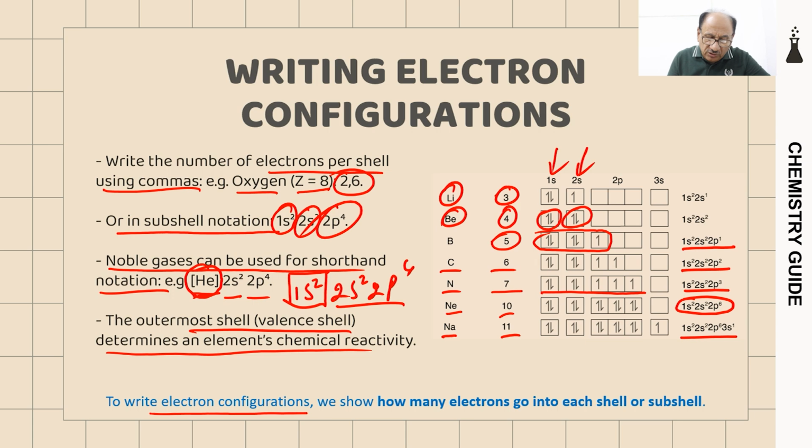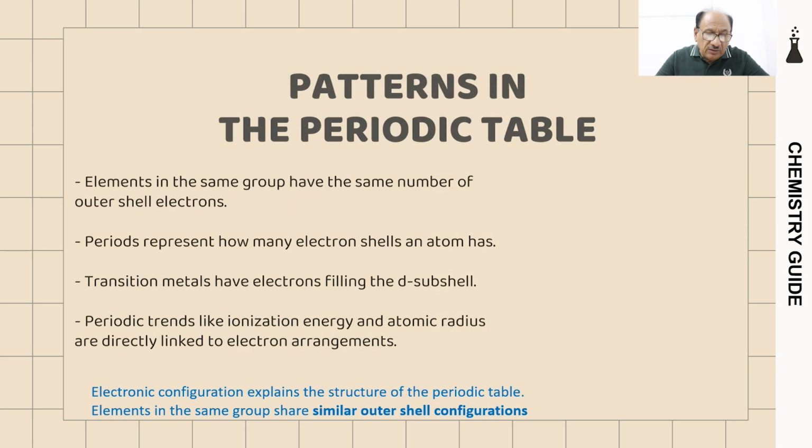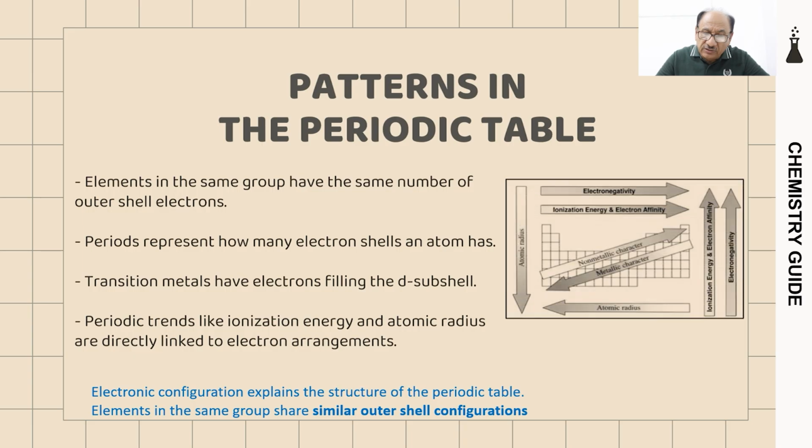To write electronic configuration, we show how many electrons go into each shell and subshell also. Then patterns in the periodic table. These are like trends in the periodic table. We can understand the periodic table, like how different properties of elements are increasing or decreasing.